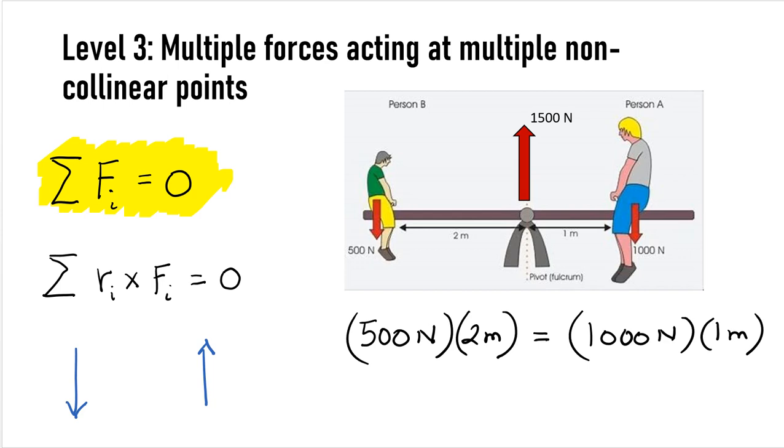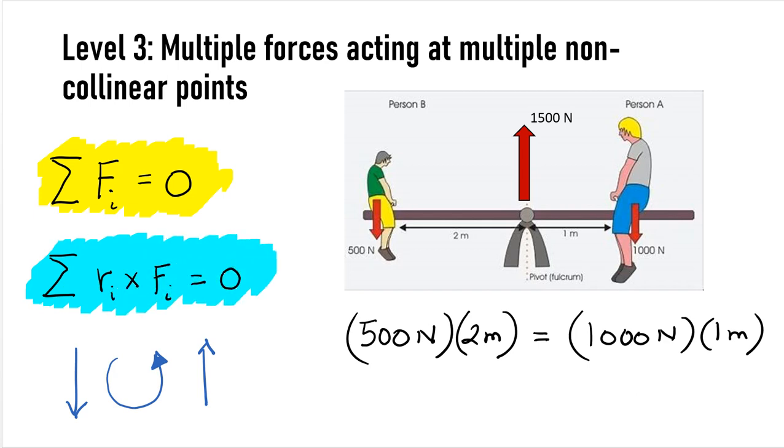And then in this case, these forces are not in equilibrium because they also generate a rotational effect, which we call torque or moment. So in addition to the sum of forces being equal to 0, the sum of moments or torques also has to be equal to 0.